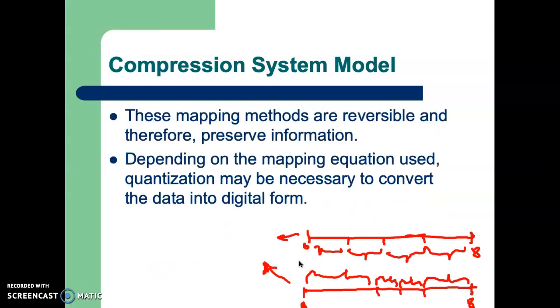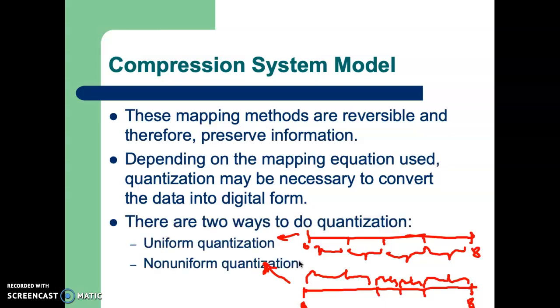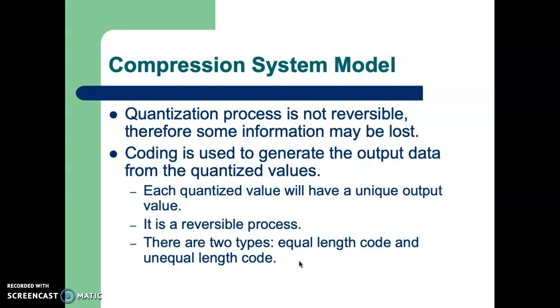So these mapping methods are reversible and therefore preserve information. So depending on the mapping equation used, quantization may be necessary to convert the data into a suitable form. Okay, so quantization can be uniform or non-uniform. So the quantization process is not reversible, therefore some information may be lost.